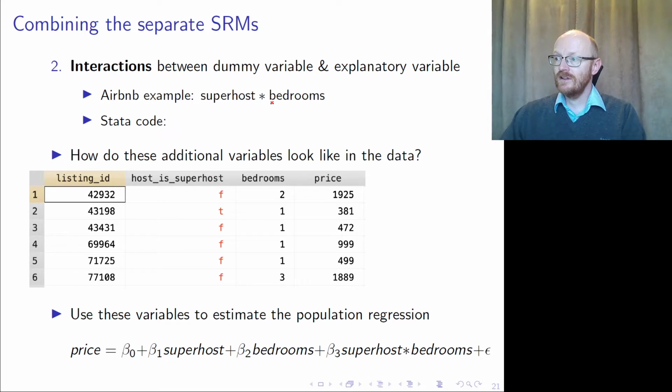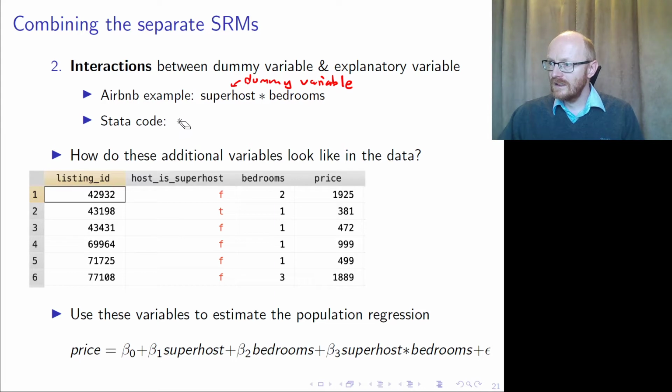You remember that bedrooms is just the count of the number of bedrooms for that data point, and superhost, we made that a dummy variable, which is equal to 1 if the data point is a superhost, and 0 if it is not a superhost.